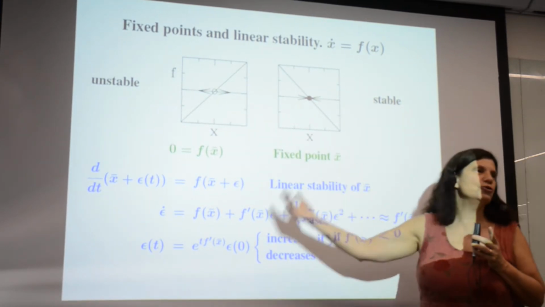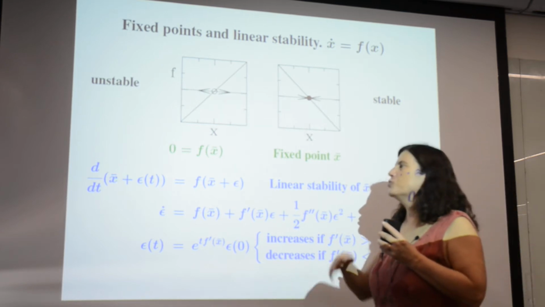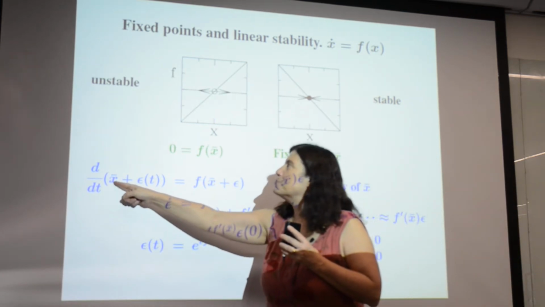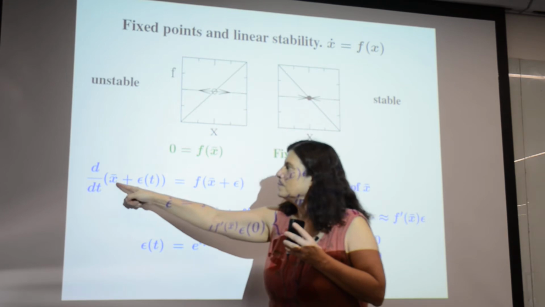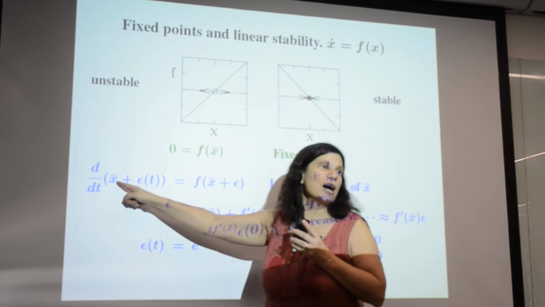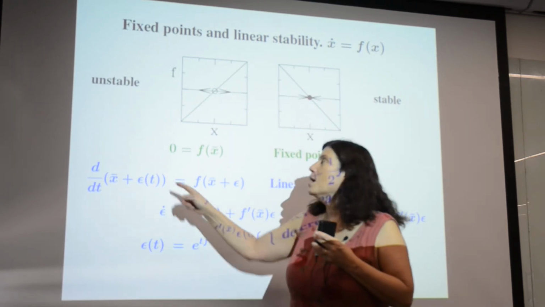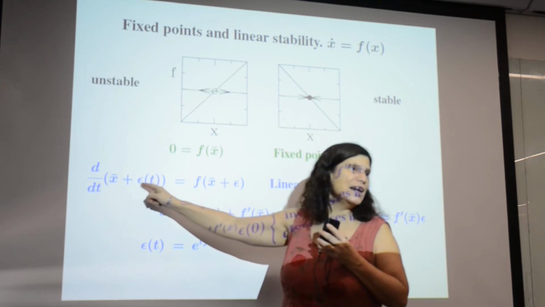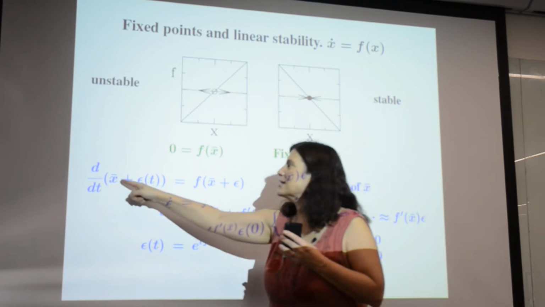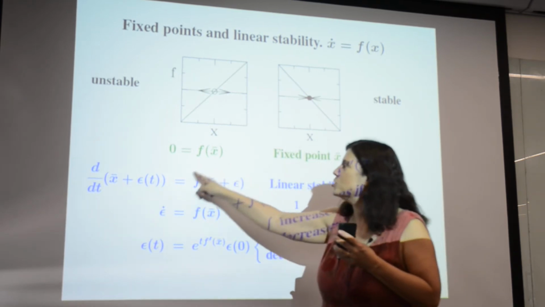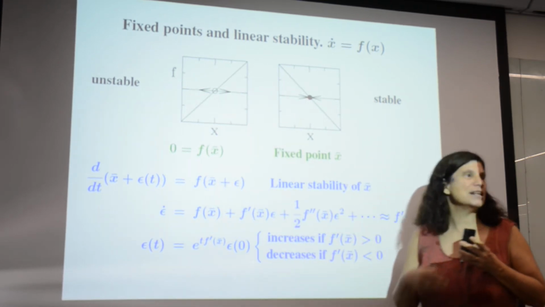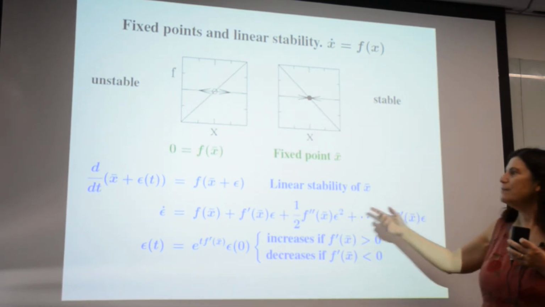So we can do this formally with math, Taylor series, standard thing. Let us have a fixed point x bar, and let us see. The x bar is not going to change in time, it's the fixed point, but let's look at a perturbation of it and how it evolves. So we write x bar plus epsilon of t, and that, of course, evolves like f of x bar plus epsilon. That's what the dynamical system is doing.